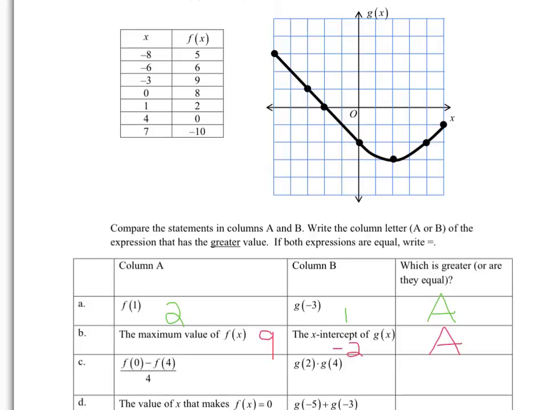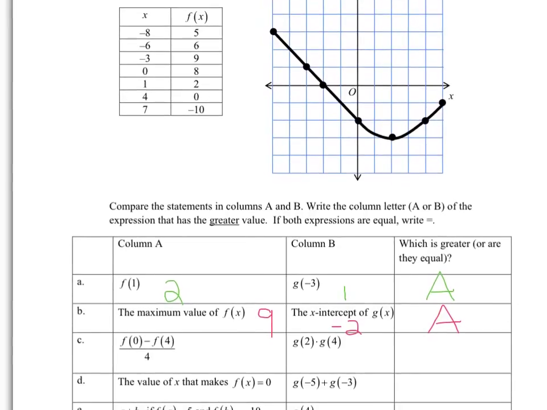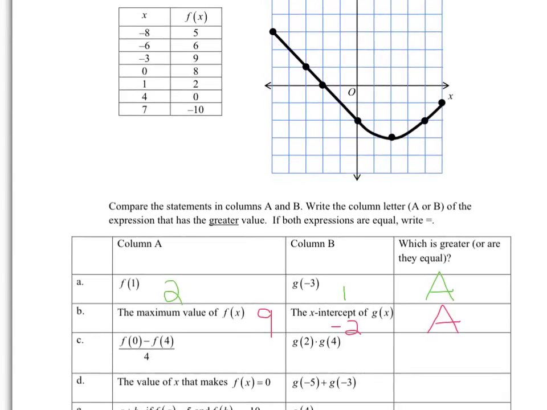Next we have f of 0 minus f of 4 divided by 4. So first of all, f of 0, remember that's your x value, so that's going to be 8, and f of 4 is 0, so what we have is 8 minus 0 all divided by 4. Well, that's 8 divided by 4, which equals 2.